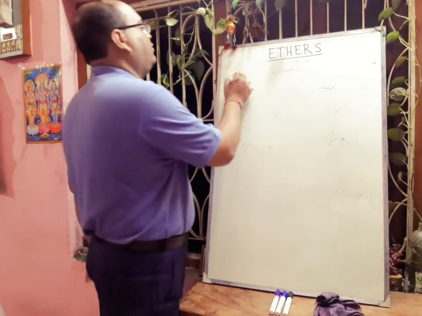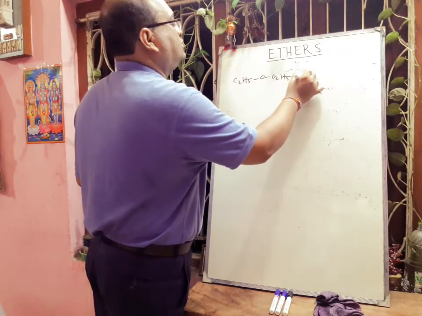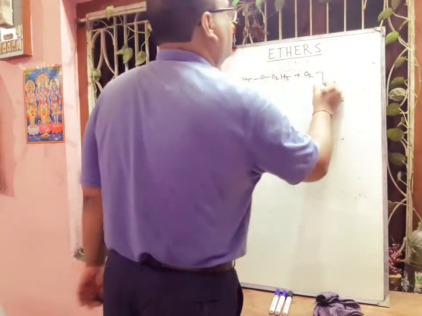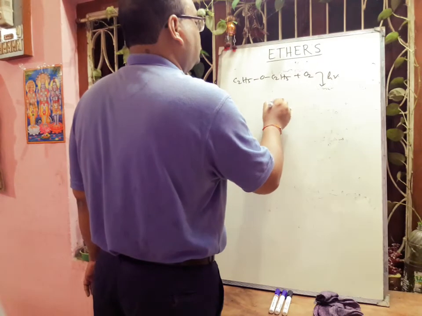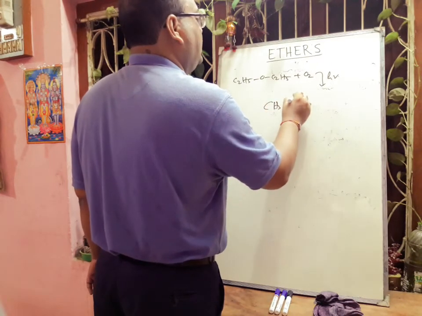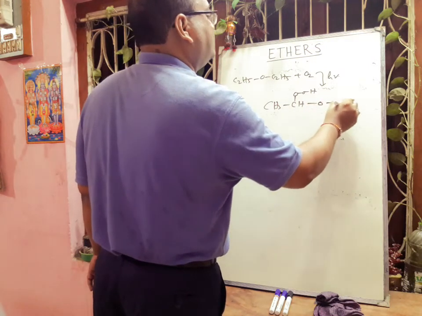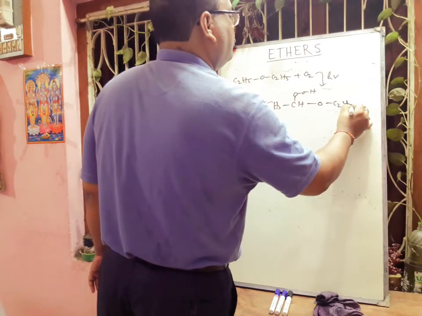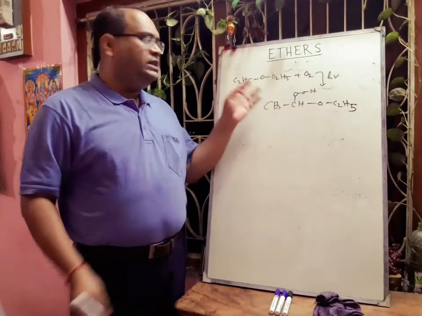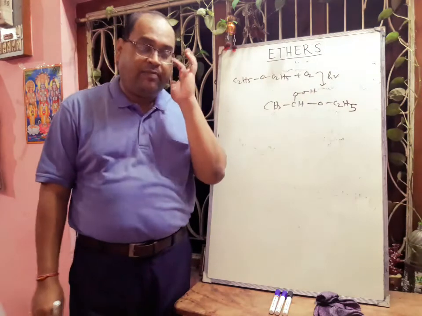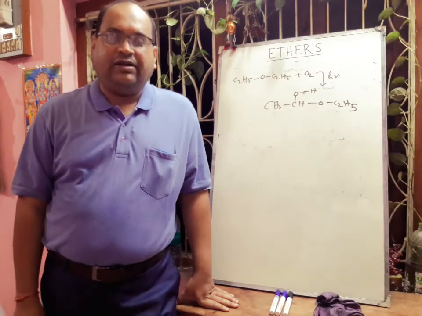So C2H5 O C2H5 will react with oxygen in presence of light. There will be formation of peroxide, CH3 CH OH O C2H5. That is why generally ether like solvents or ether like compounds are stored in black bottles where light cannot enter.